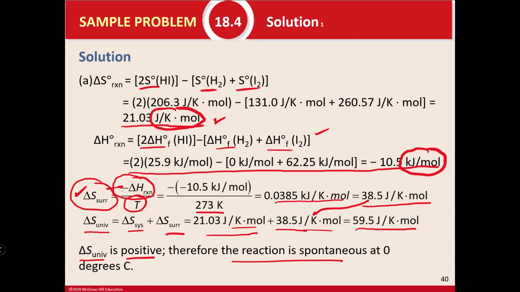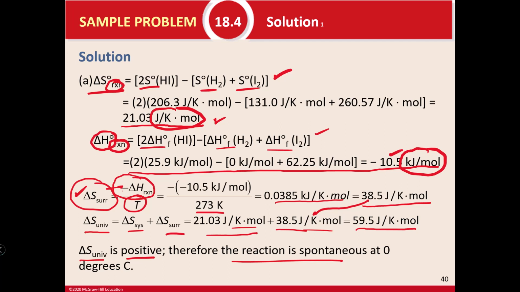So what are we doing here? We're calculating delta S from the table, which is the system. The reaction is our system. That's what we're interested in studying. We calculate delta H, the standard enthalpy of the reaction of the system, and that's what we calculated here.